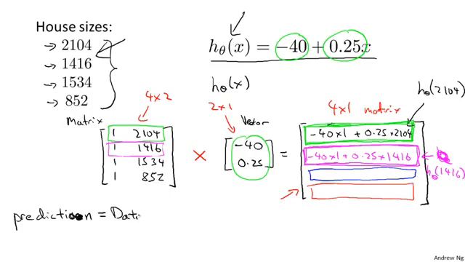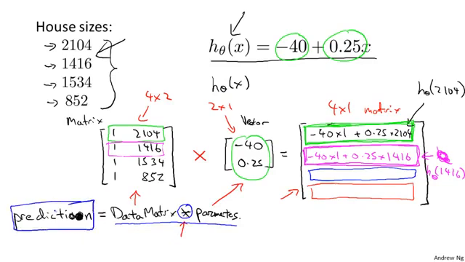You write prediction equals my data matrix times parameters, where data matrix is this thing here and parameters is this thing here, and this times is a matrix vector multiplication. If you just implement this one line of code, assuming you have an appropriate library to do a matrix vector multiplication, then prediction becomes this 4x1 dimensional vector on the right that just gives you all the predicted prices.